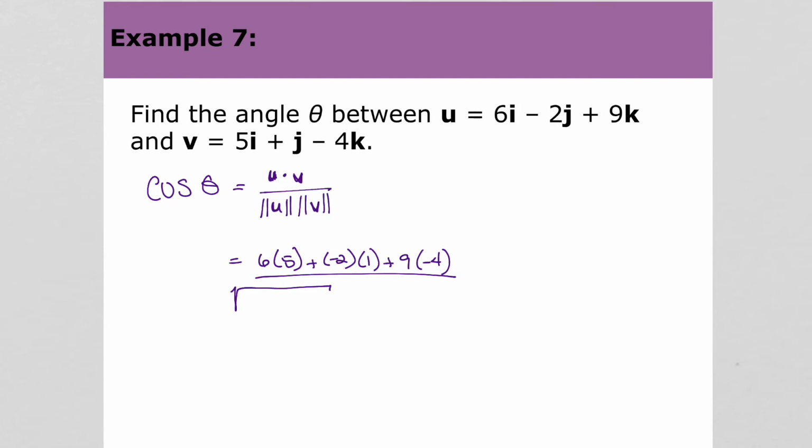Okay, so the magnitude of U is the square root of 6 squared plus negative 2 squared plus 9 squared, and the magnitude of V is the square root of 5 squared plus 1 squared plus negative 4 squared.